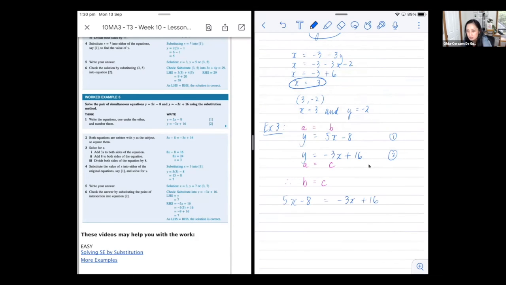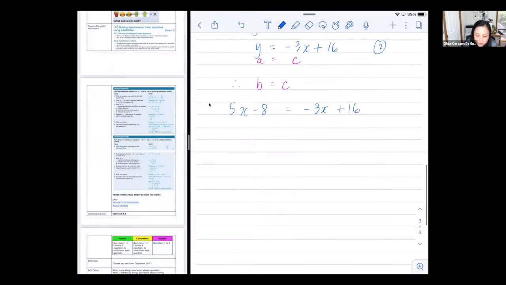Does that make sense? Right? This is B, that is C. They are equal because you're saying that A equals B and A equals C. Therefore, you're saying that these two expressions are equal. Does that make sense? So now we've got this third equation. Now we've got x on both sides, right? We want to get rid of the minus 3x here. How do we get rid of that?